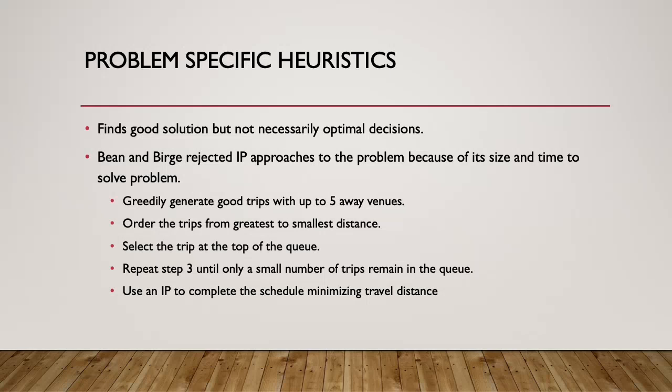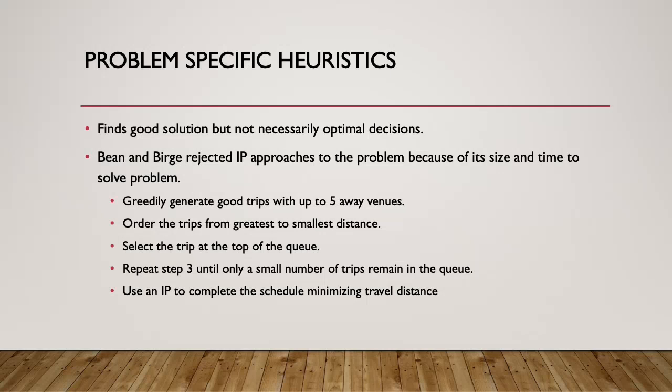The steps they followed are: first, greedily generate good trips with up to 5 away venues. That is, generate all the trips with up to 5 away matches, and order the trips from greatest to smallest distance. So the longer distance trips come first and should be scheduled first, and smaller ones later.